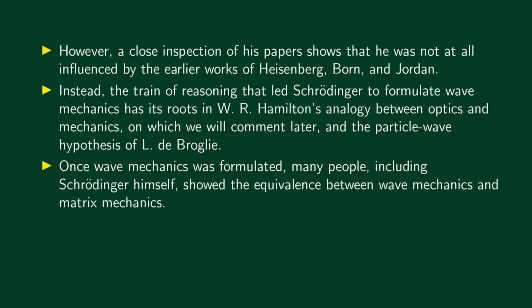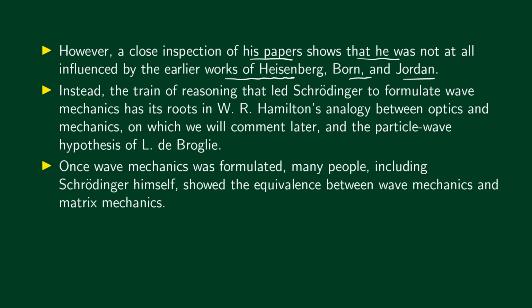A close inspection of Schrodinger's paper shows that he was not at all influenced by the earlier works of Heisenberg, Born, and Jordan. So he did not start with matrix mechanics and try to write it in terms of partial differential equations, even though that was possible. People knew that it was possible at that time.